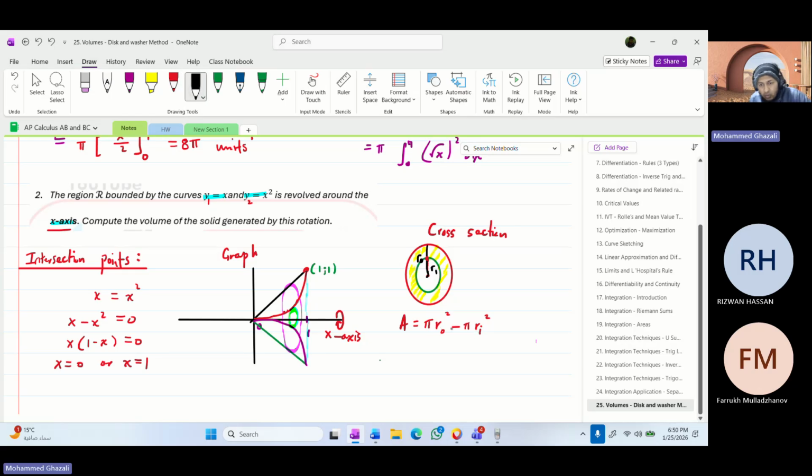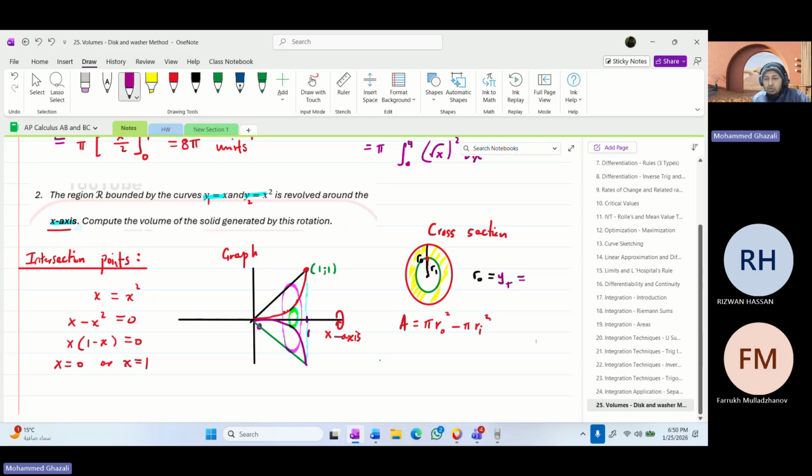Anyways, now what is the outer radius? The outer radius is the bigger radius, the top part. The outer radius is from the x-axis to the top of the curve. So it's a straight line. The outer radius is y top, the top function.